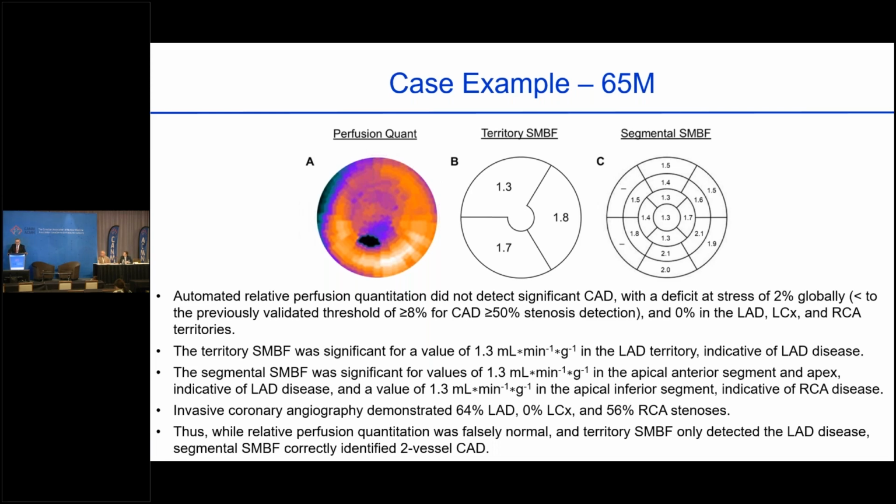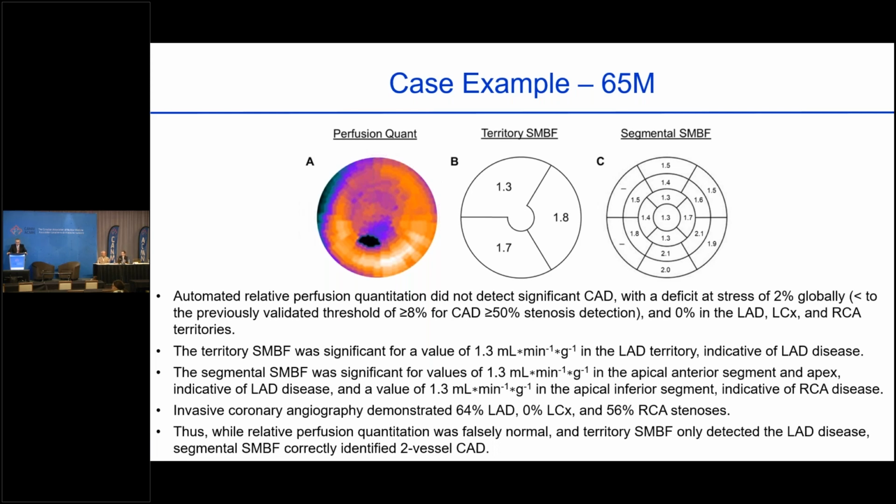So again, this is looking at segmental versus territory flow metrics. This is a case of a 65-year-old gentleman who was enrolled in the trial. On the left you have the perfusion quant images, and his automated relative perfusion quant did not detect significant CAD, with a deficit at stress of 2% globally, which was below our validated threshold of 8% for detecting CAD with 50% stenosis.